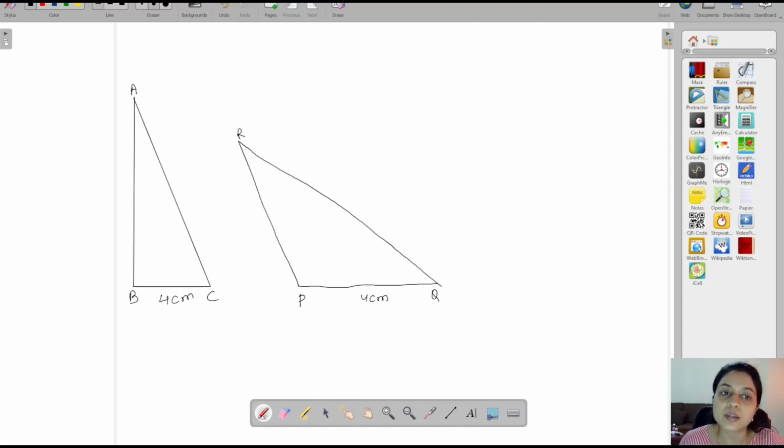That's called triangle PQR. Or maybe we can draw one of the sides as 4 cm and name it MN, and the other sides will be like this.